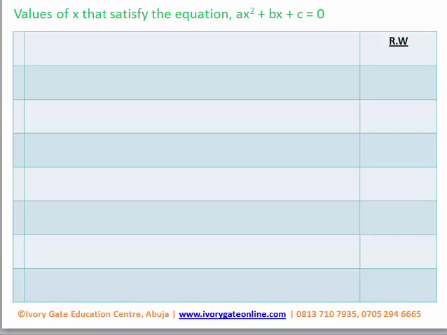So let's take this first one, for instance. Given ax squared plus bx plus c is equal to 0, we have the constants to be a as the coefficient of x squared, b as the coefficient of x, and c as the constant.